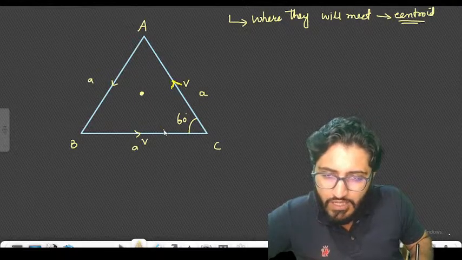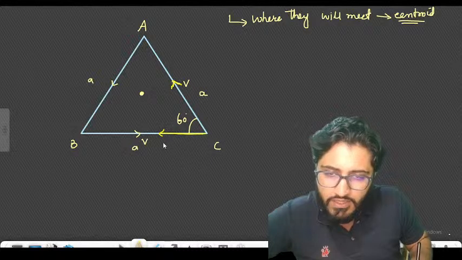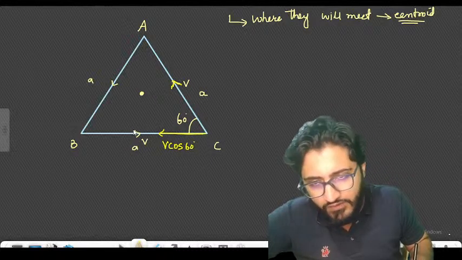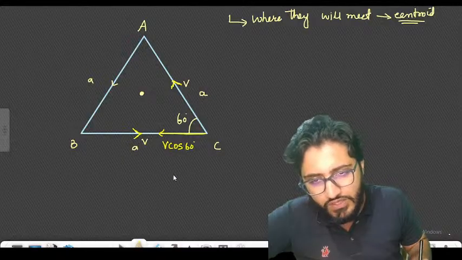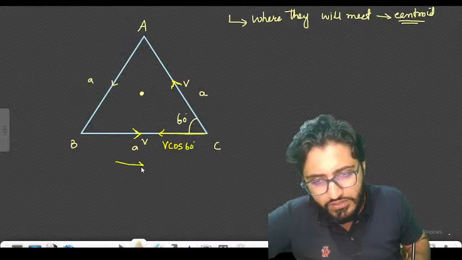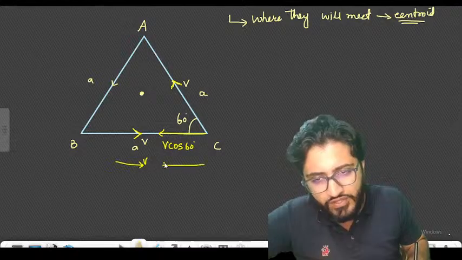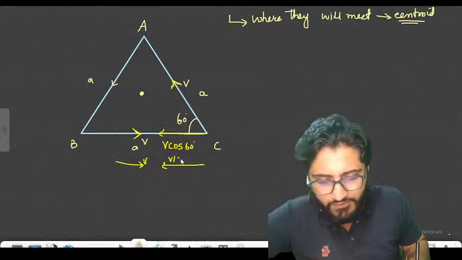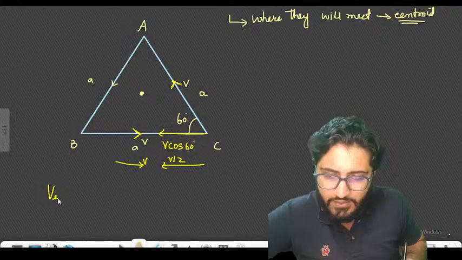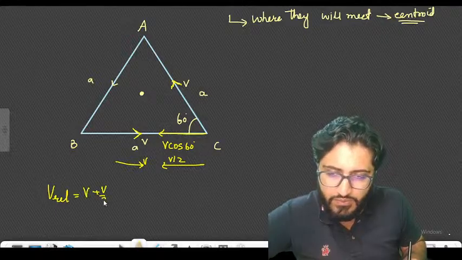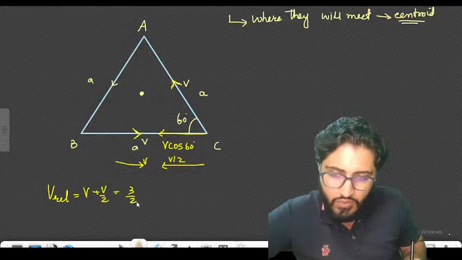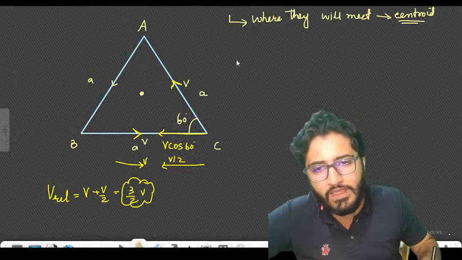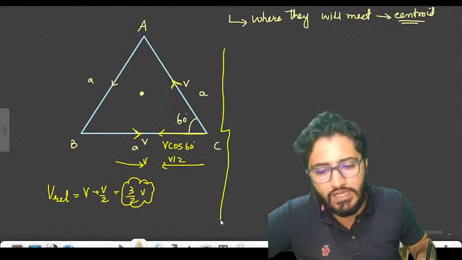One component will be along this one, which will be v cos 60 degrees, that is v by 2. Now what is v relative? Opposite means plus v by 2. It will be 3 by 2 v. Now I need to find out where they will meet.